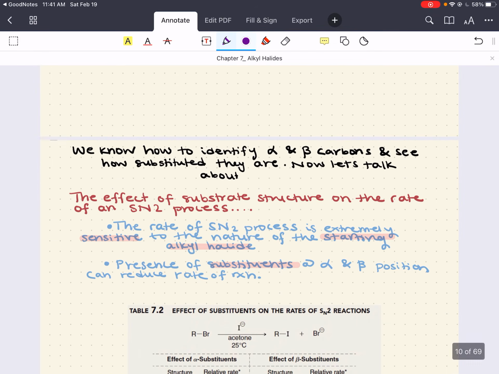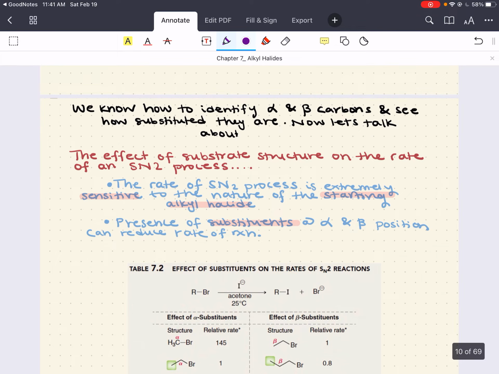Now, really quickly, just to reiterate, the rate of an SN2 reaction is going to be extremely sensitive to the nature of the starting alkyl halide. The presence of substituents at the alpha or beta position can really reduce the rate of the reaction. The rate of an SN2 reaction is most sensitive to the number of substituents at the alpha position.